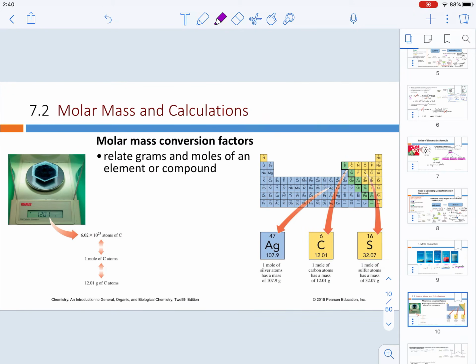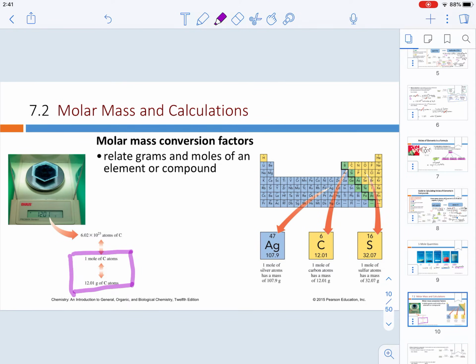So understand, if we focus on this portion of the relationship, if we have 1 mole of an element, the relationship between moles and grams for a particular element comes from the atomic mass that is in the periodic table.